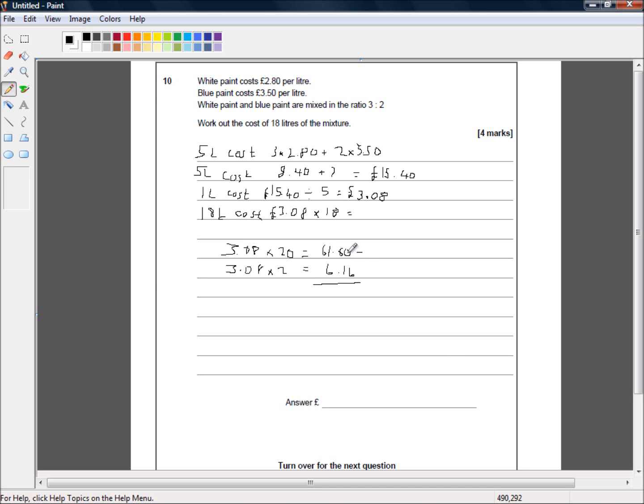Okay, so 60p less 16p is the same as 50p less 6p, which is 44p. And 61 less 6, that's the same as 60 less 5, which is 55.